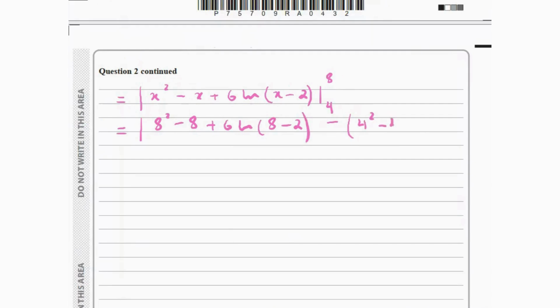So that's going to be x squared minus x plus 6 ln (x minus 2) from 4 to 8. Put the maximum value first, so (8 squared minus 8 plus 6 ln (8 minus 2)) minus (4 squared minus 4 plus 6 ln (4 minus 2)).